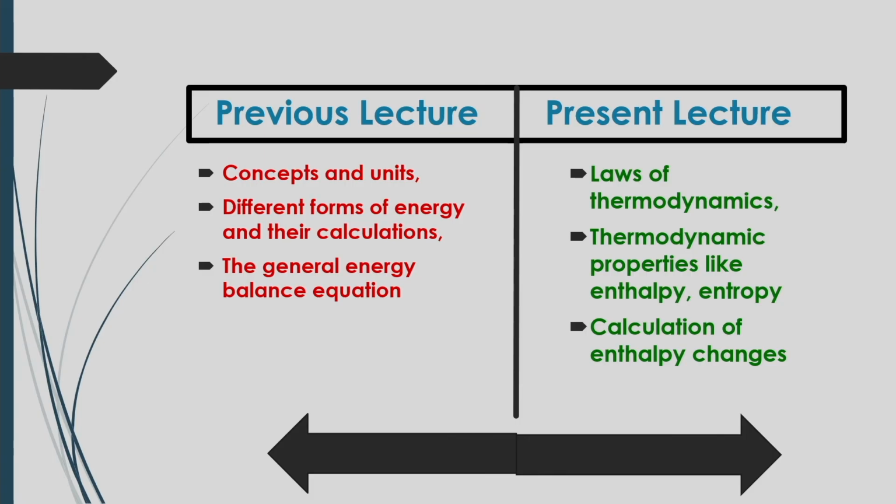We also gave the general energy balance equation and how it can be used to assess a process for its energy analysis. We will also give more examples of calculations based on the general energy balance equation in our successive lecture series.